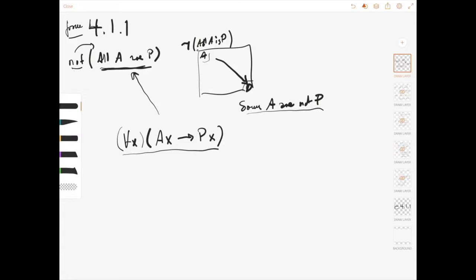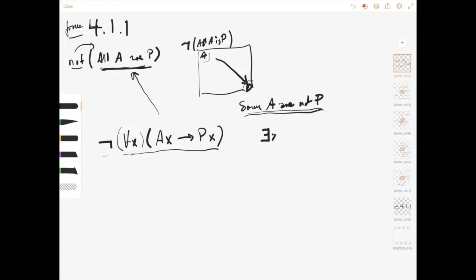So what we want to do then is just negate this whole thing. So it's not the case that all animals are primates. More formally, it's not the case that for any x, if x is an animal, then x is a primate. Now, what we ought to get with this negation, we ought to get this particular, right here, in other words, the O. We ought to get something like that.